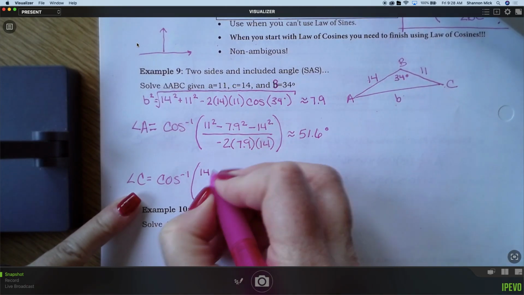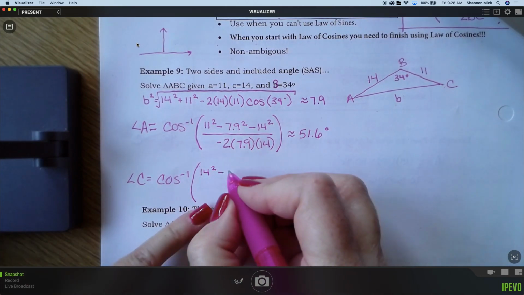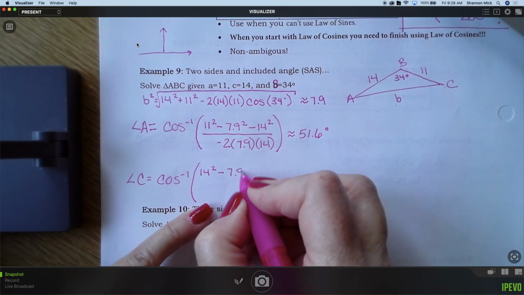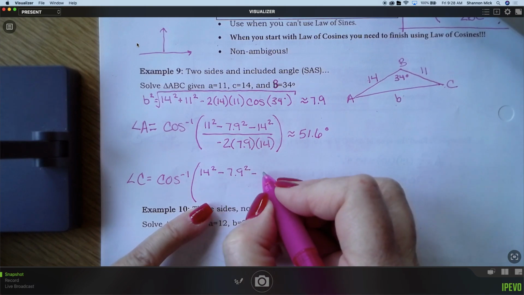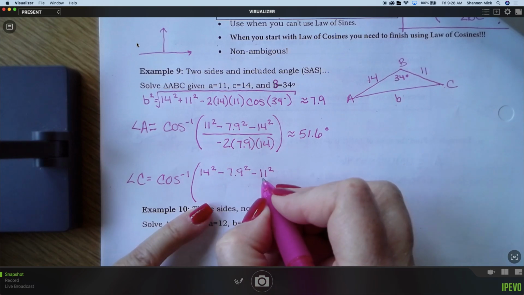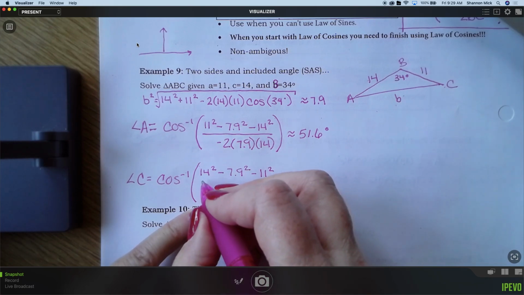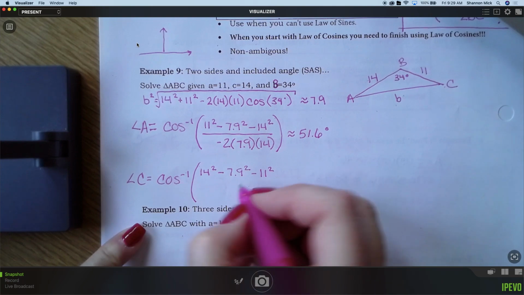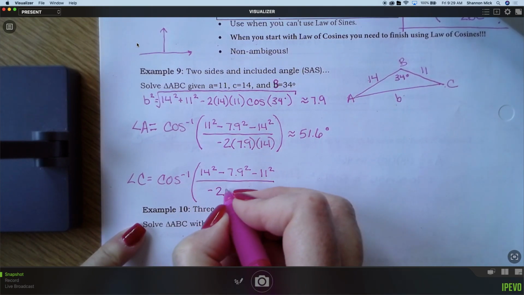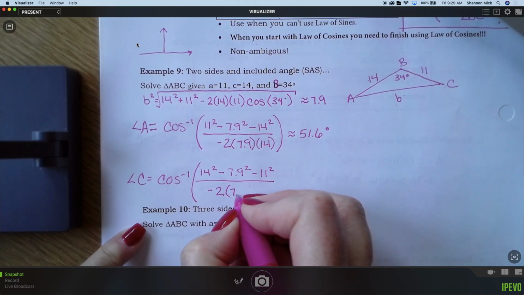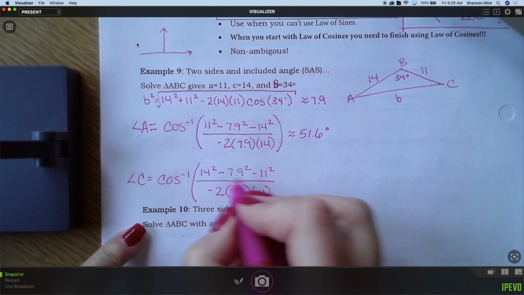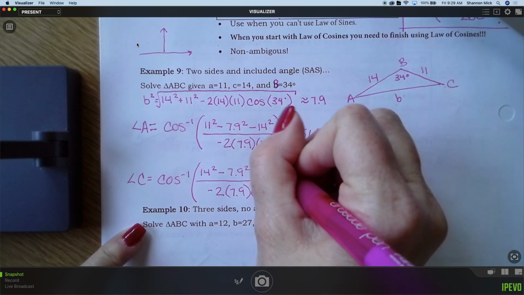So 14 squared minus the other side, 7.9 squared minus the other side, 11 squared. Does it matter the 7.9 or the 11? Which order? Nope. But does it matter the 14's first? Yes. Divided by negative 2 times the two other sides, right? And 11. So if you get your numerator right, you just bring down the second half, right?